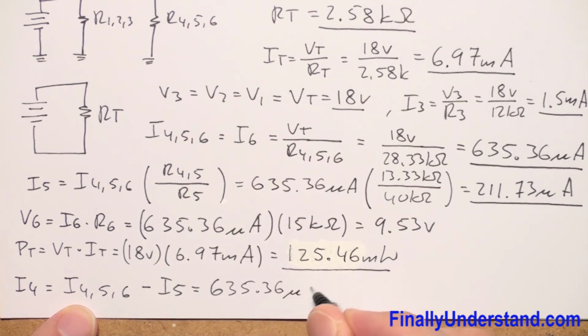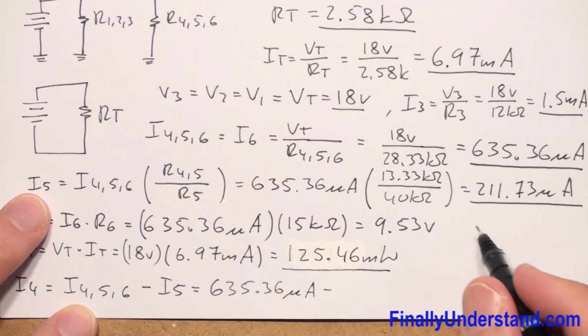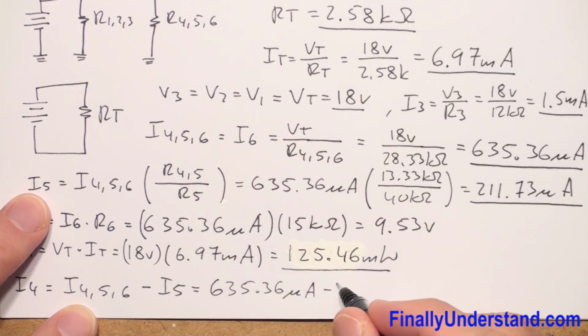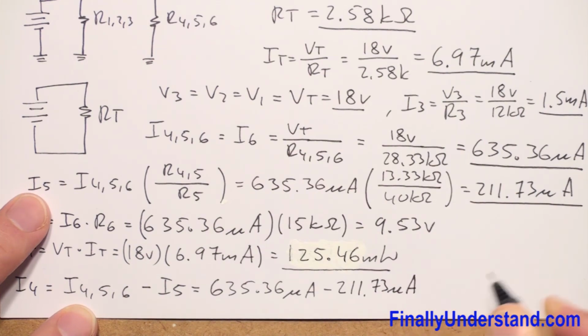This is my KCL: I4,5,6, we found, is equal to 635.36 microamps minus I5, which is equal to 211.73 microamps.